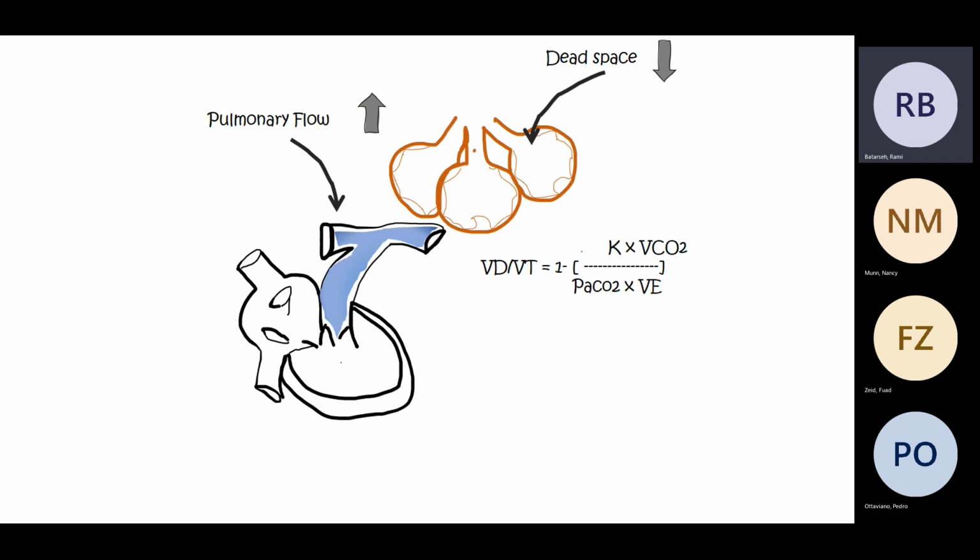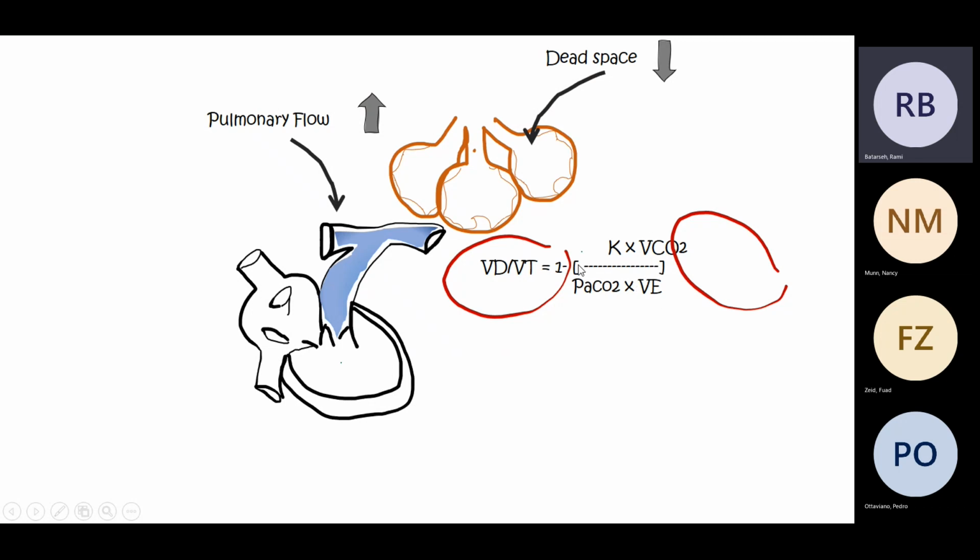All right. So if you look at, I think different software is different. So my plan was to circle the VCO2 over the VE. So if the VCO2 over the VE increases, what will happen to the VD/VT? VCO2 over VE increased, and there's one minus.